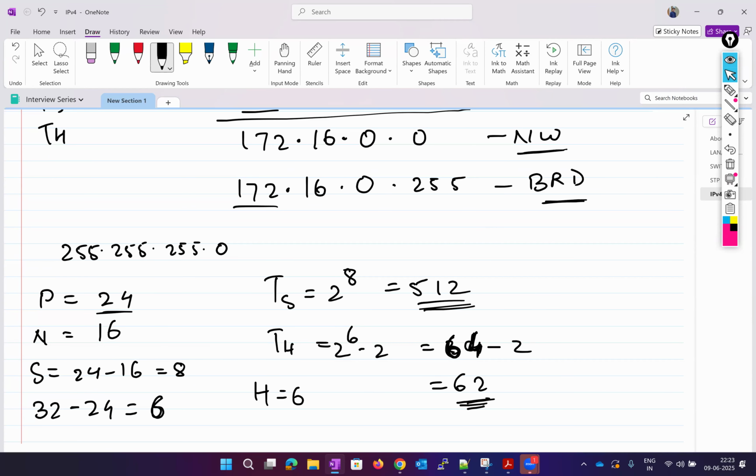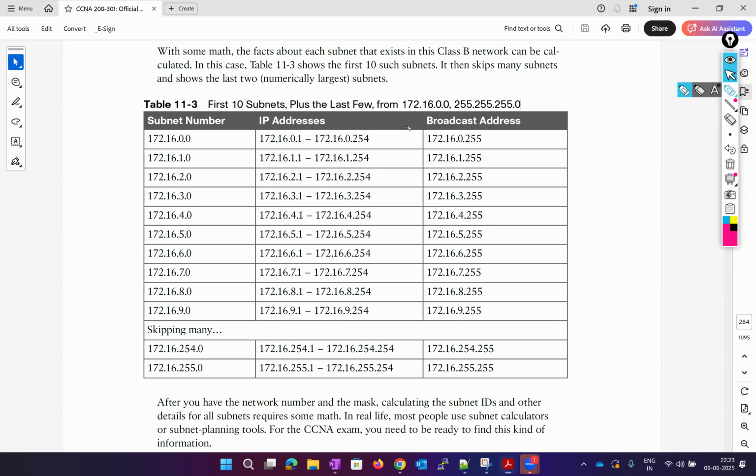What does this mean? Let's go back over here. This is your first subnet, starting at 172.16.0.0 and ending at 172.16.0.254.